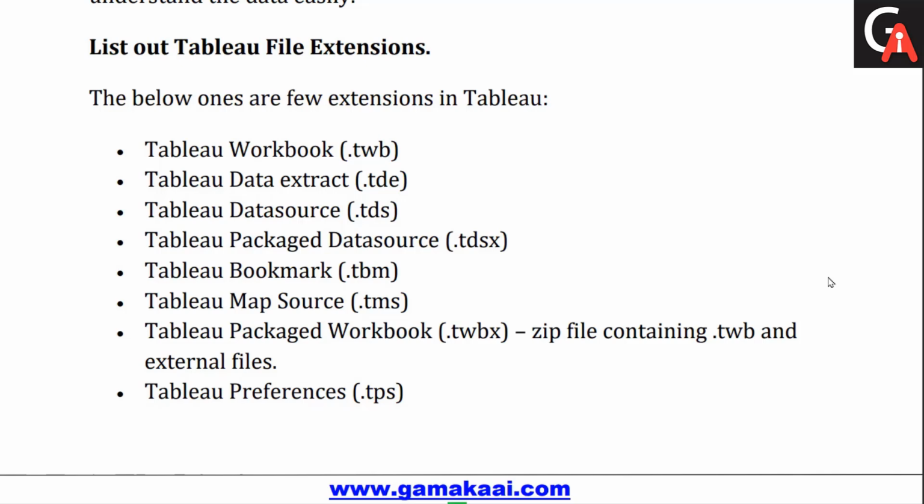Then we have Tableau data extract .tde, Tableau data source .tds, Tableau packaged data source .tdsx, then Tableau bookmark .tbm, then Tableau map source .tms, Tableau packaged workbook .twbx, and Tableau preferences .tps. So these are the different file extensions we have when it comes to Tableau.